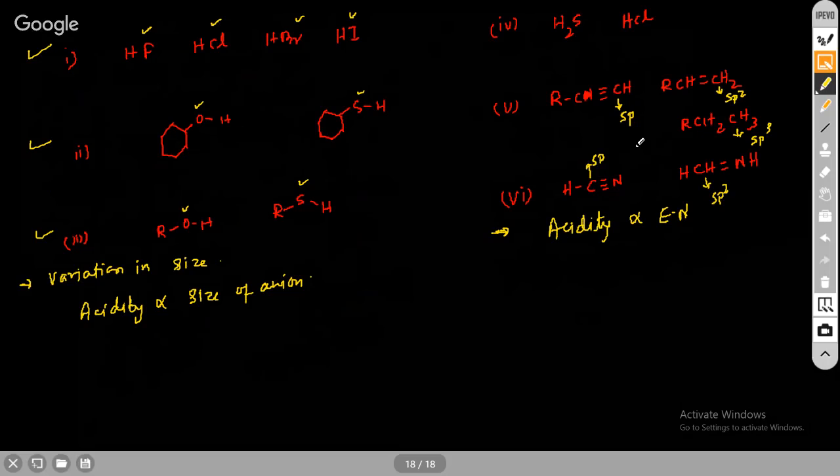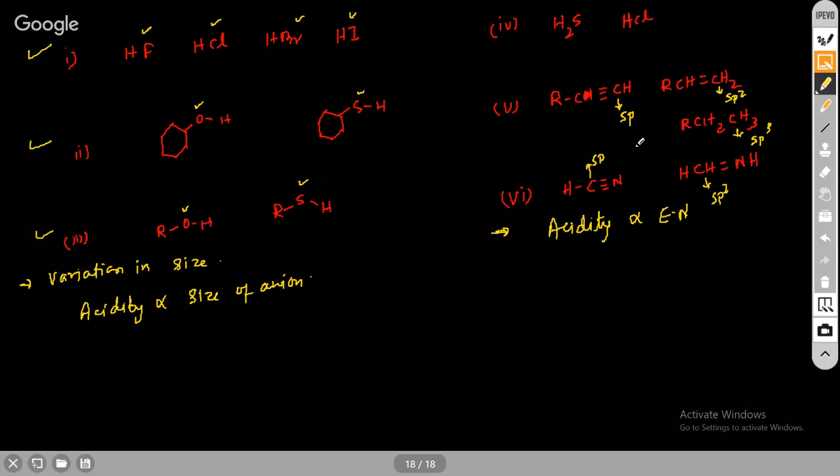If the conjugate base is stable, Vaishnavi, you think one thing. How do you get the conjugate base? By removing H plus. So if after removing H plus you are gaining stability, it means you will happily lose H plus. So that's the thing over here.